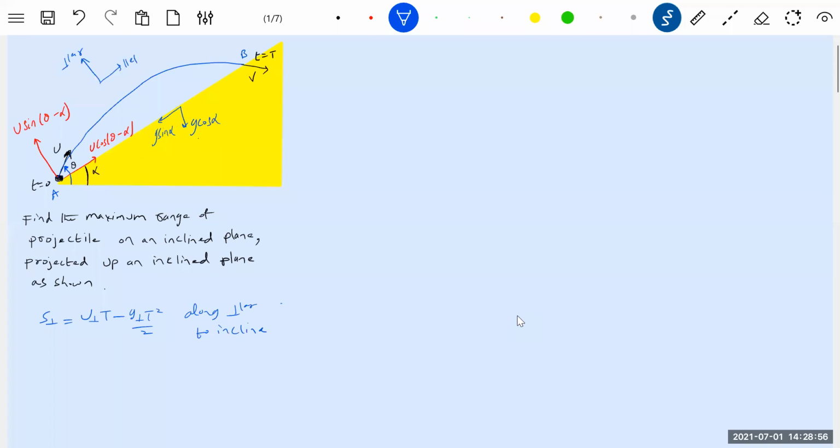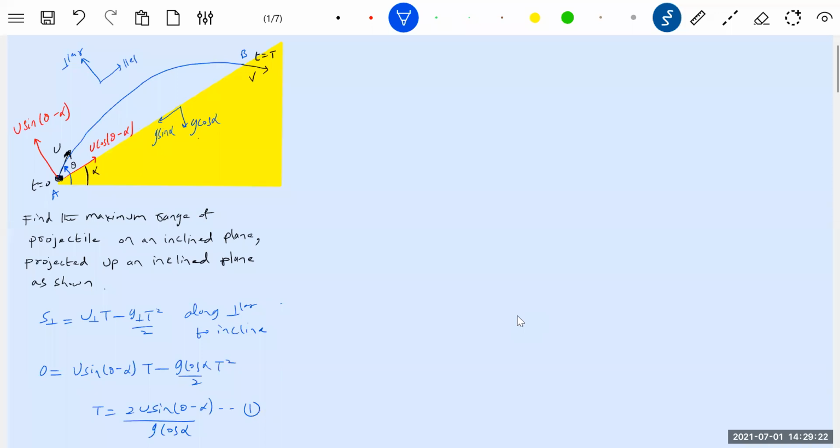I think this is the convention we applied. Based on that, this should be 0. What is u perpendicular? u sine(theta minus alpha). t we don't know. g perpendicular will be g cos alpha, by 2 t square. So t equals 2u sine(theta minus alpha) by g cos alpha. Keep it as equation 1.